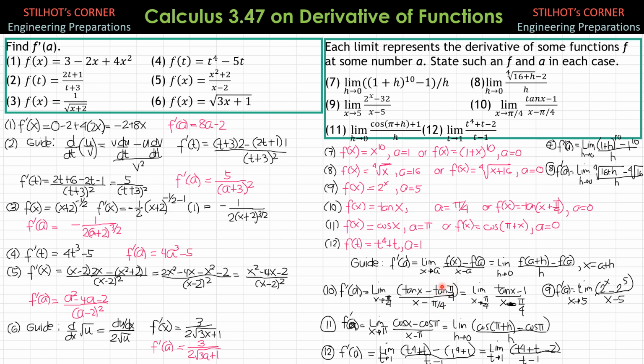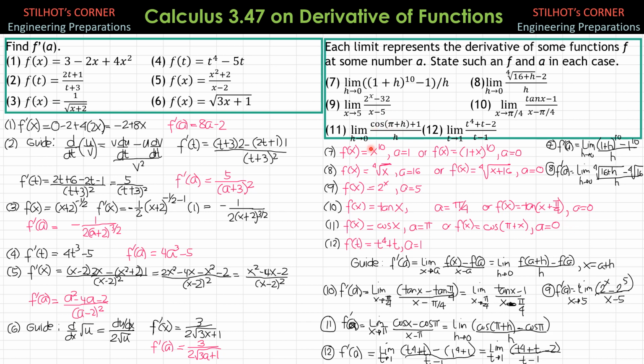Note that tangent of pi over 4, or tangent 45, is 1. So that's tangent x minus 1 over x minus pi over 4, which is the same as that, as x approaches pi over 4. So therefore, f of x is equal to tangent of x, and a is pi over 4 for that case. The other possible function is f of x equals tangent of quantity x plus pi over 4, but a for that case is 0.